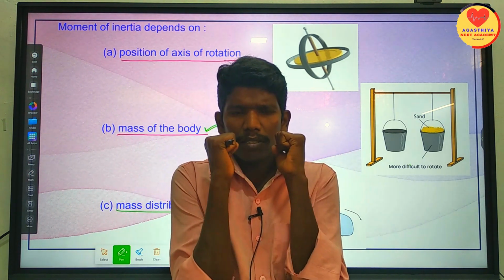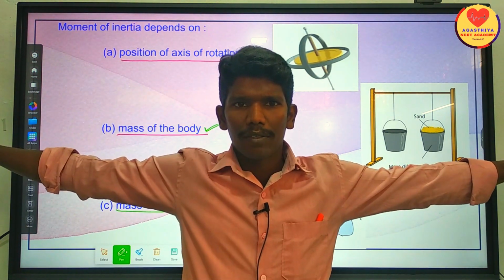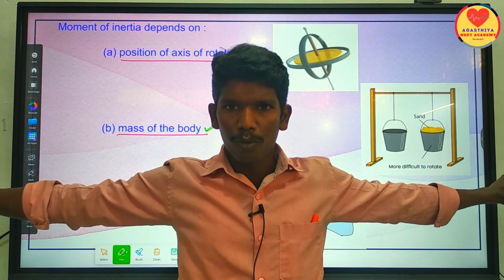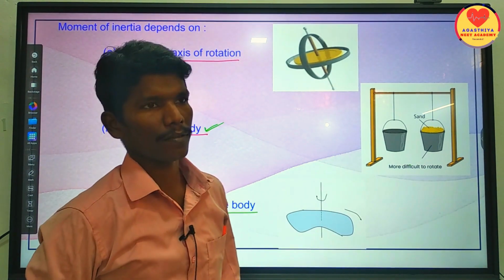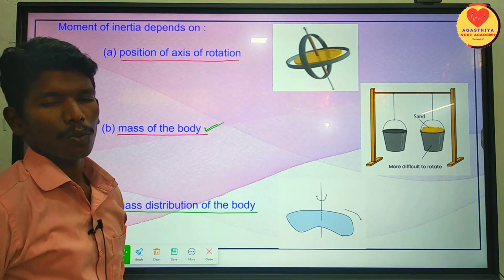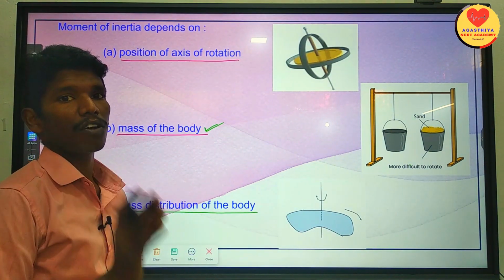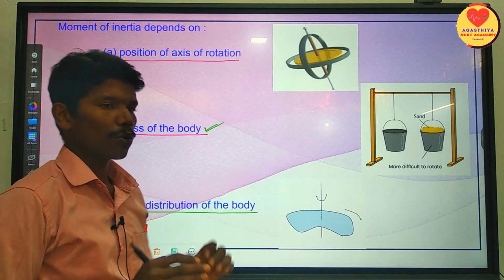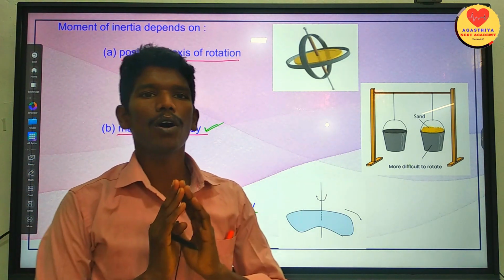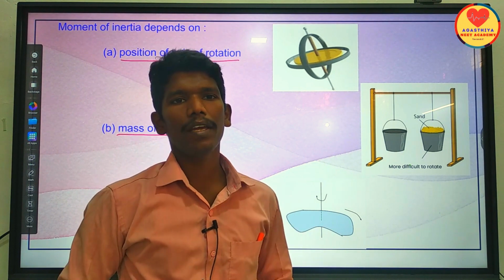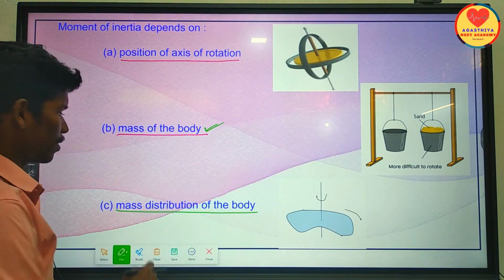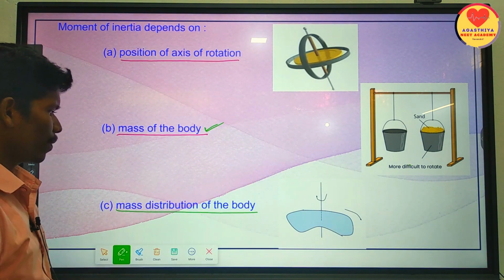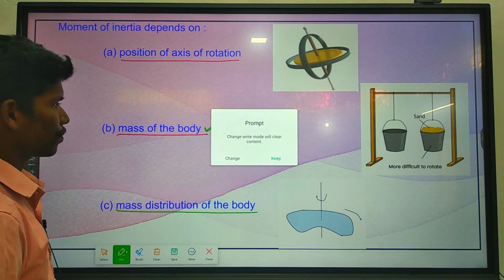In the second, the mass is far away, so it rotates in a big circle. The axis does not change, the mass does not change, only the distribution of mass is changed. That is the third one, mass distribution of the body.